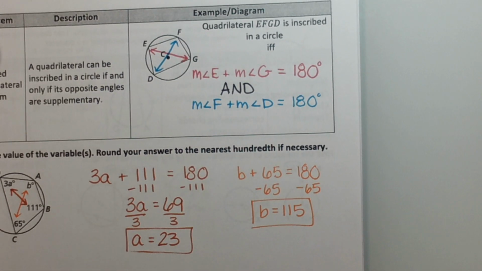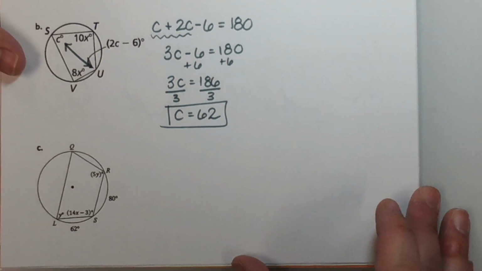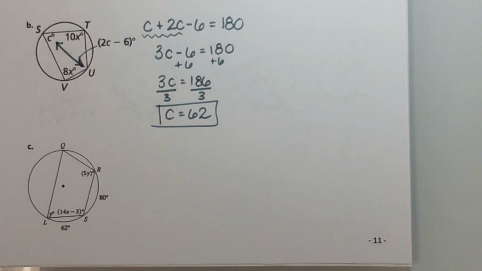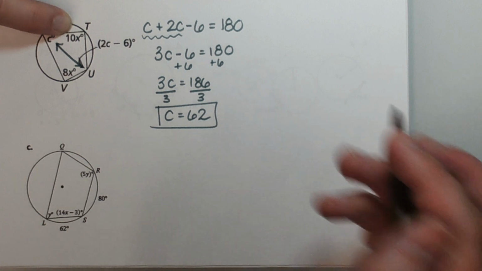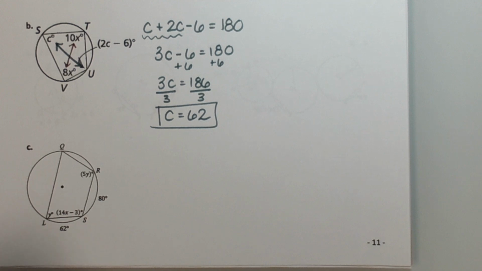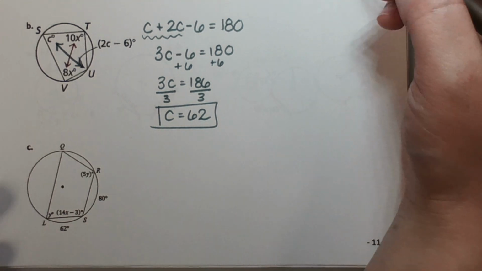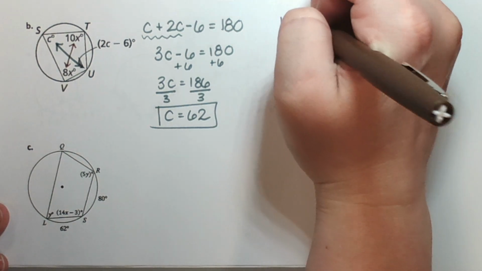The theorem says opposite angles will add up to 180. Find one of your variables. We're going to try to solve for x. And find its opposite angle. Which angle's on the opposite side of this 10x? 8x. Those are opposites, so according to the theorem, they'll add up to 180. So what should I write? 10x plus 8x equals 180. Exactly.